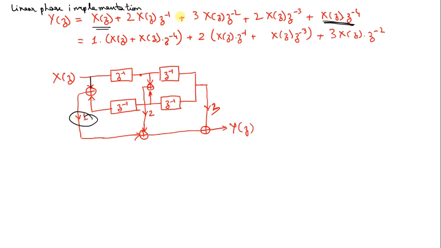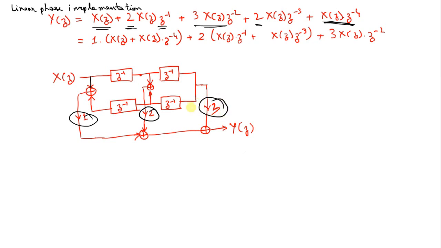Then after z inverse and z to the minus 3, we are taking the values, adding them up and multiplying. And lastly after z to the minus 2 we are taking and multiplying.